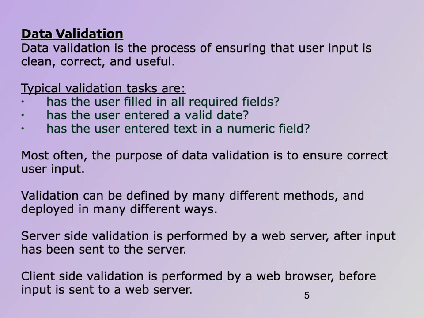Has the user entered a valid date or not? Has the user entered text in a numeric field or not? Such mistakes can be corrected, and such errors are cleaned and made available to the server. So these are the typical validation tasks.